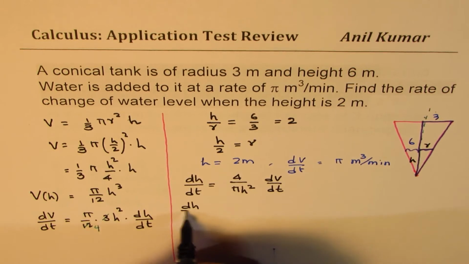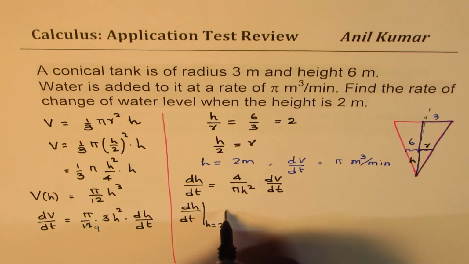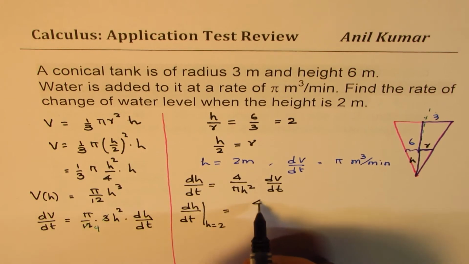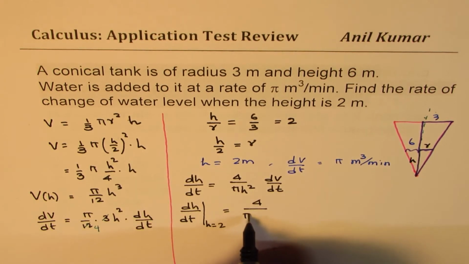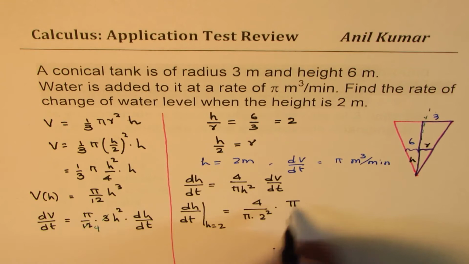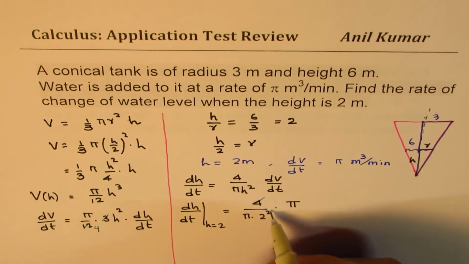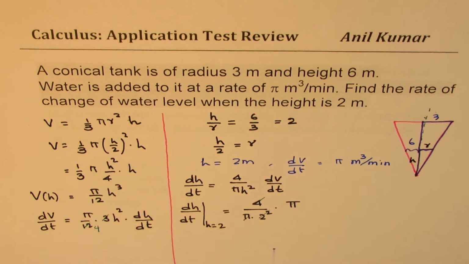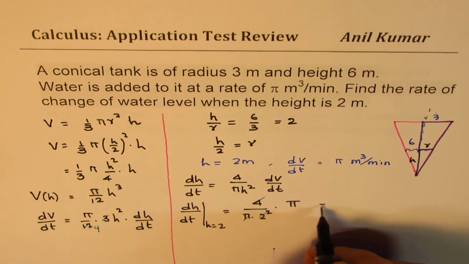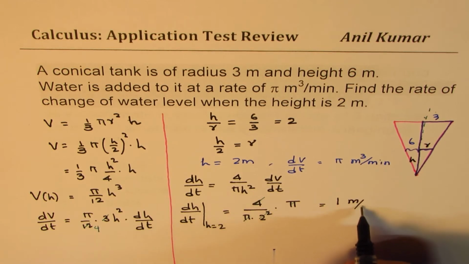Now for dh/dt at height equals 2, we'll just substitute 2 here. We get 4 over pi times 2 square, times dV/dt, which is pi. In this expression, 2 square is 4, pi and pi cancel, and we get the rate of change as 1, and the units are meters per minute, right?